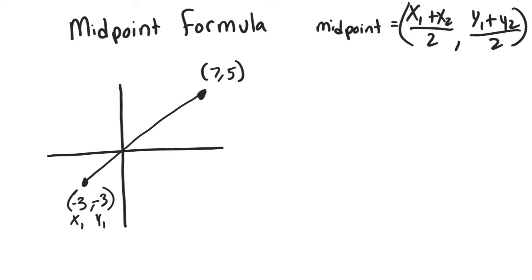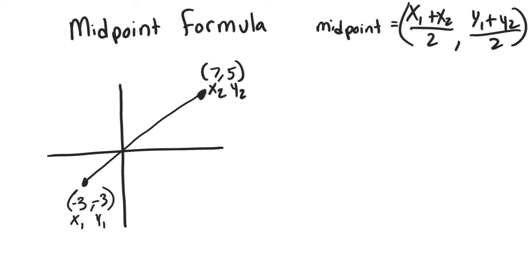The same thing goes for the other point, only now it's your second point, so x2 and y2. So my x1 is -3, my y1 is -3. Then my x2 is 7, and my y2 is 5.